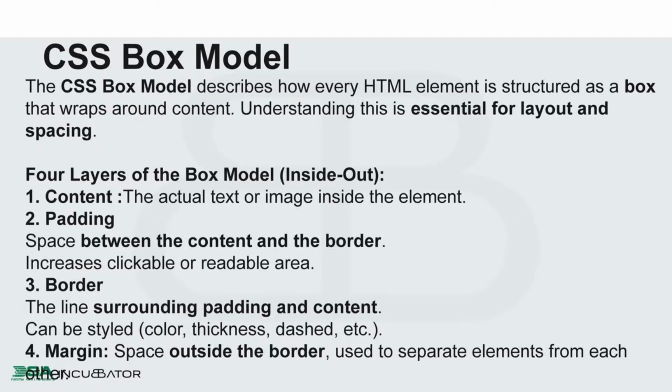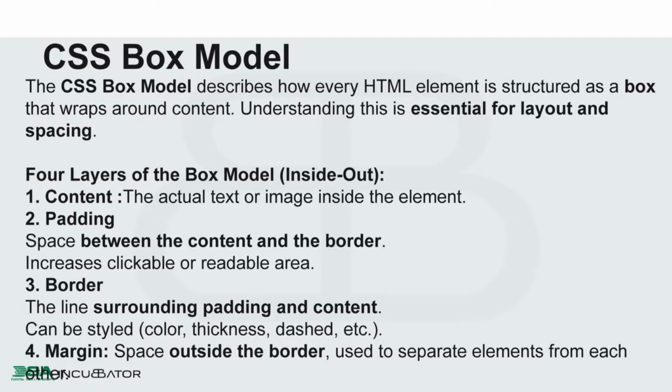We have the content, which is the actual text or image inside the element. We have padding, which is the space between the content and the border. Then we have the border, the line surrounding the padding and content, which can be styled. Then we have margin. The margin is outside the border, used to separate elements from each other.